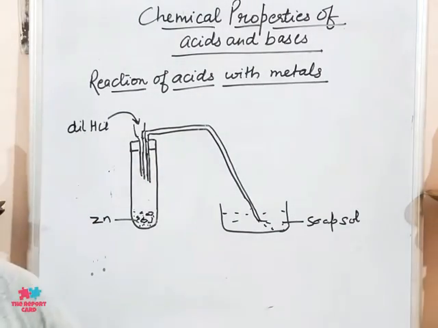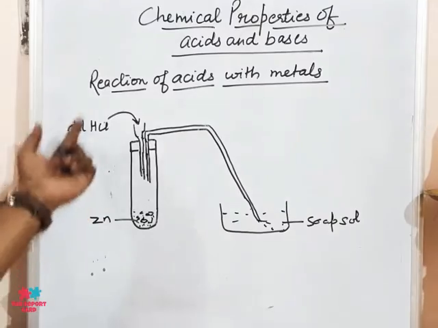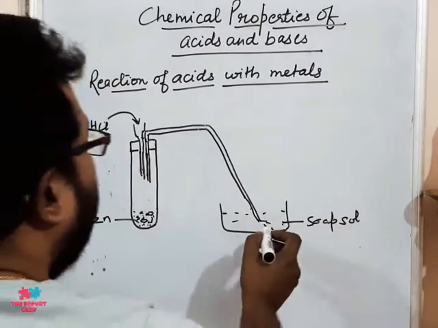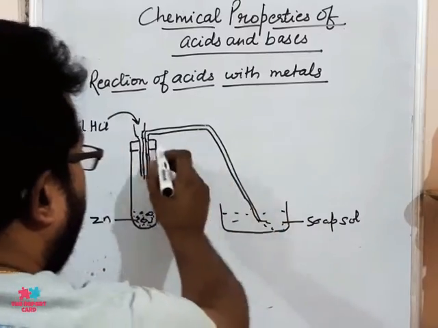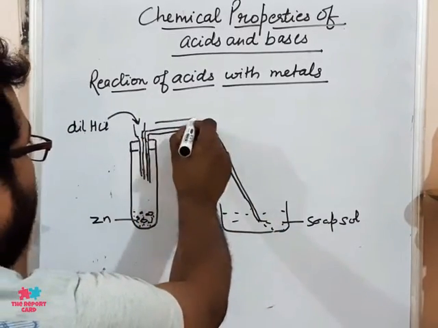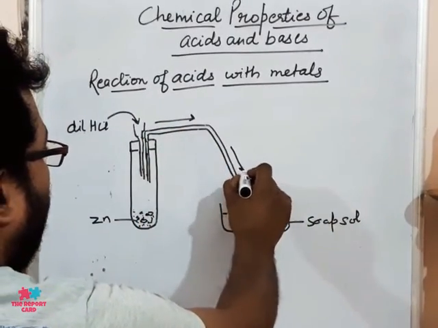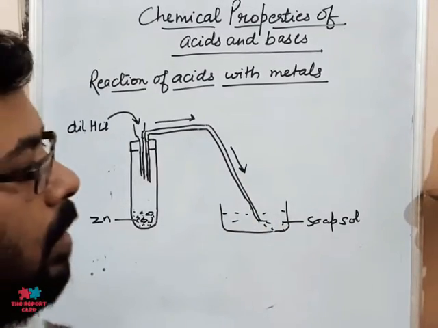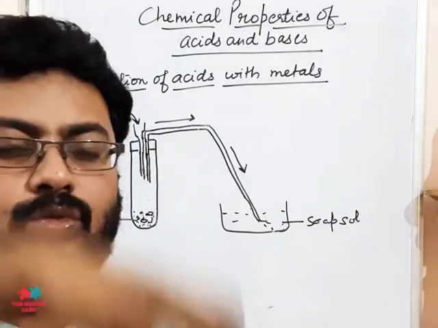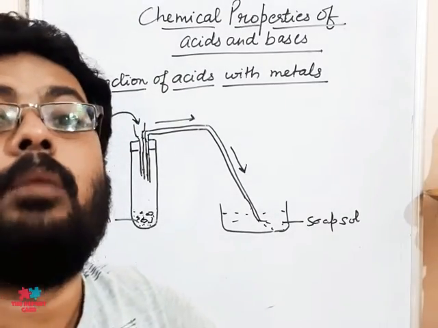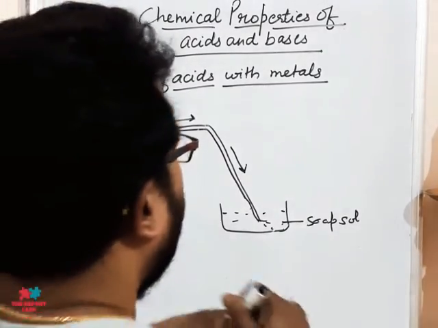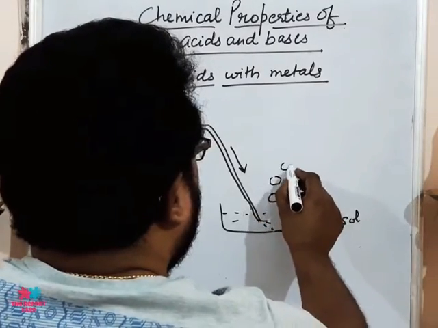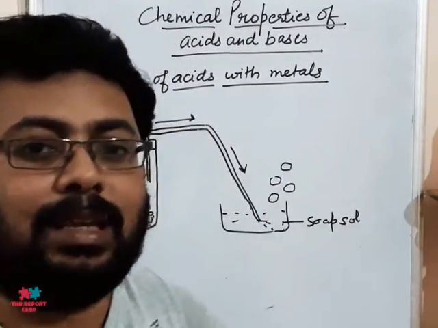You will see bubbles, and this gas goes through the delivery tube and comes to the soap solution. When the gas comes into the soap solution, bubbles will be formed, and these soap bubbles will contain this gas.